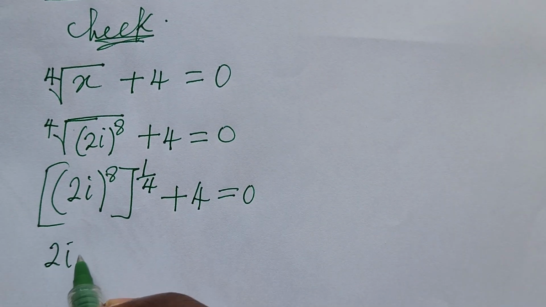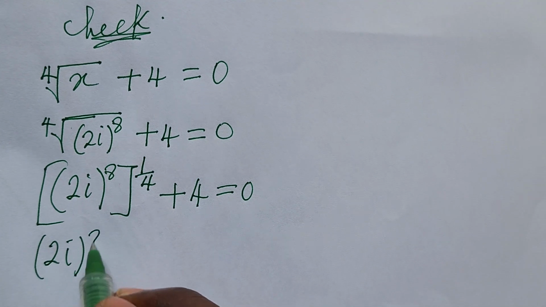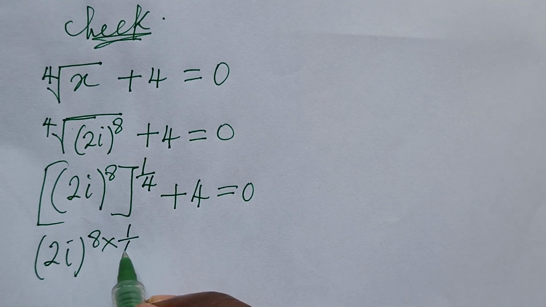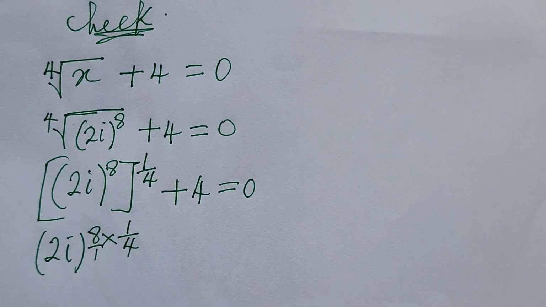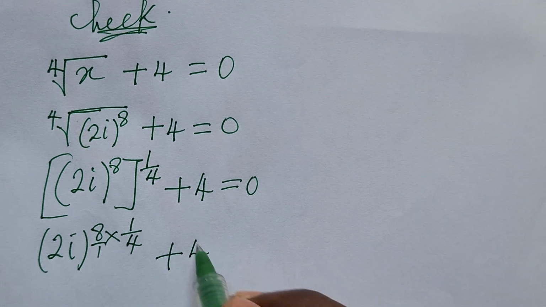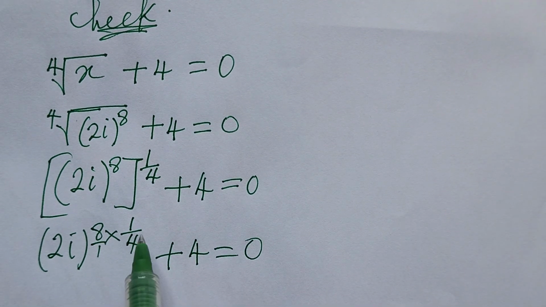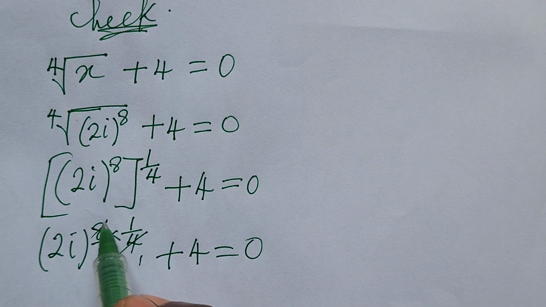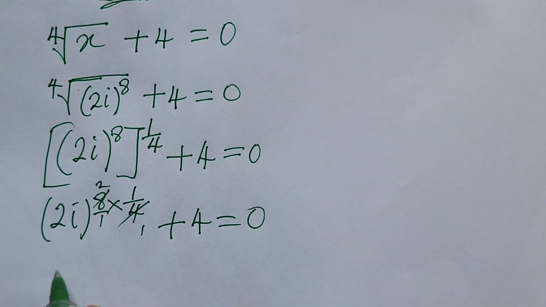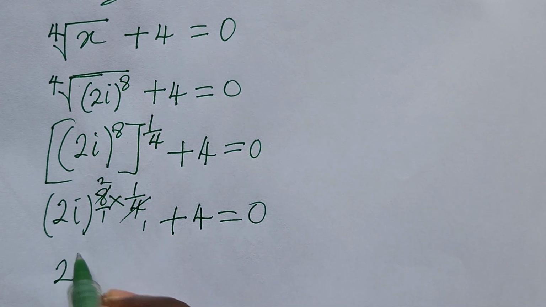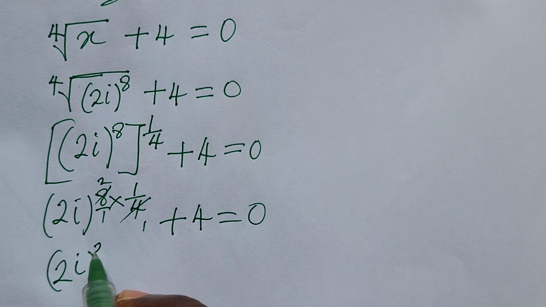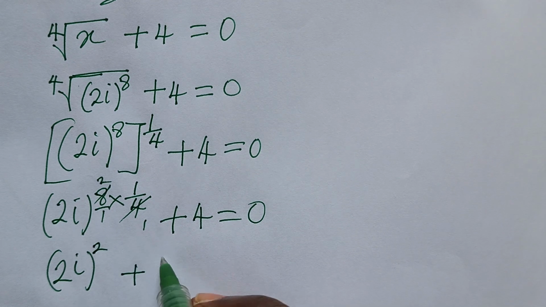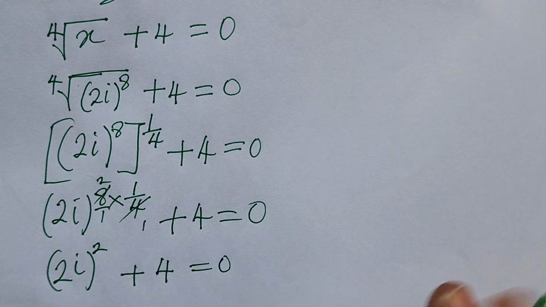So this gives us (2i) all to the power of 8 times 1 over 4, plus 4 equal to 0. 8 times 1 over 4 gives us 2. So we end up having (2i) all to the power of 2 plus 4 equal to 0.